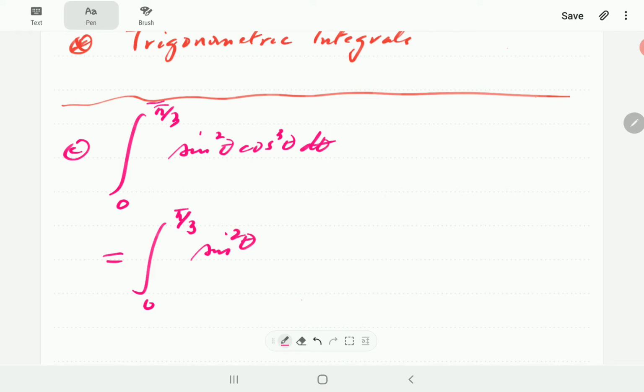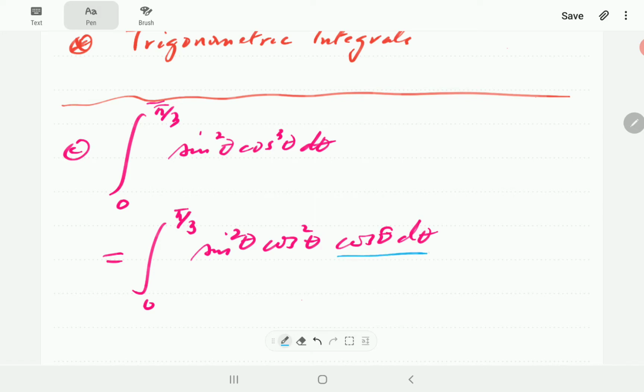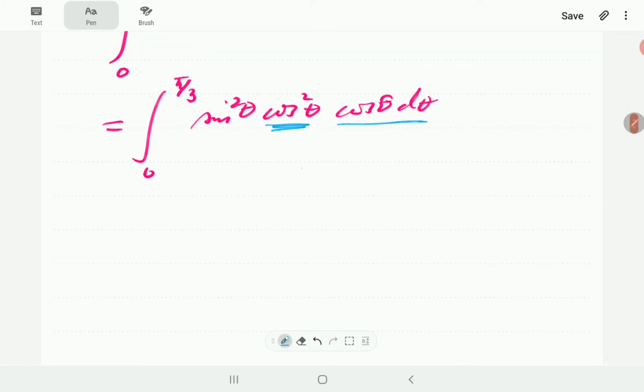So we're going to have sine squared, cosine squared, cosine theta d theta. We are going to save this term, and then we're going to have to rewrite this one in terms of sine.